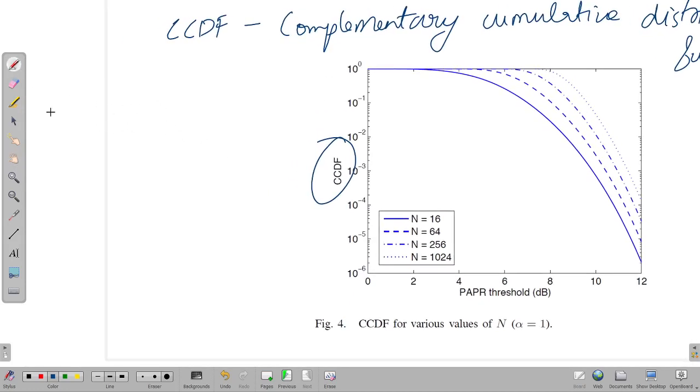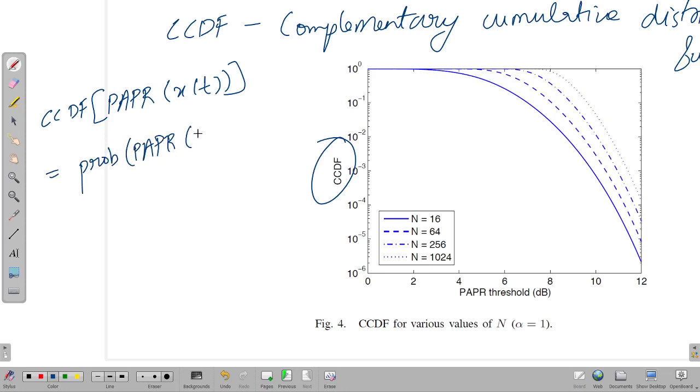The CCDF of PAPR of a signal x of t is equal to the probability that the PAPR of x of t is greater than a threshold value. So that is this function CCDF.